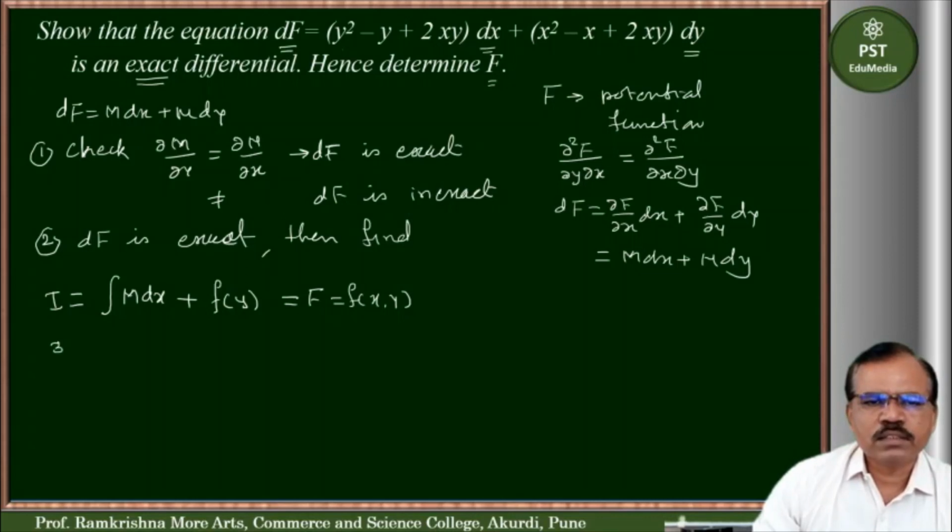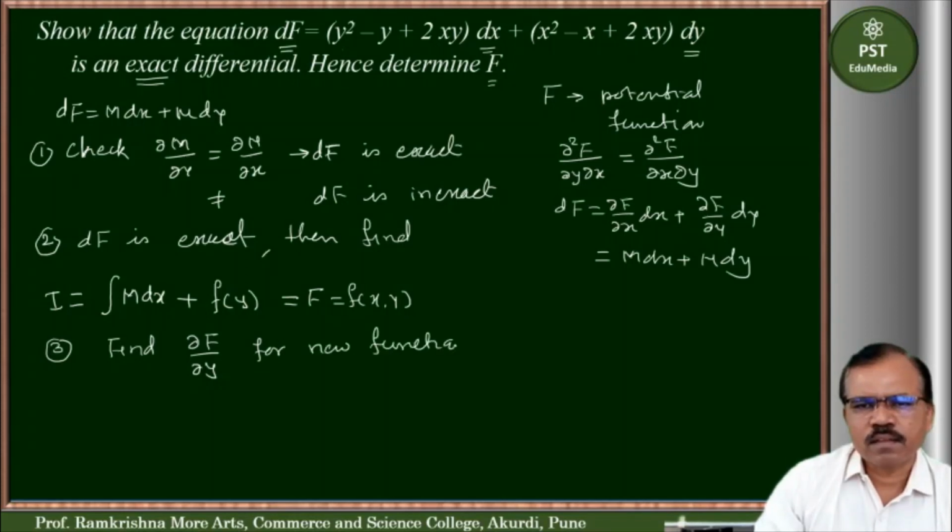Now what is the third step? Find del f by del y for the new function. So if we find del f by del y, in that del f by del y we will have f dash y.